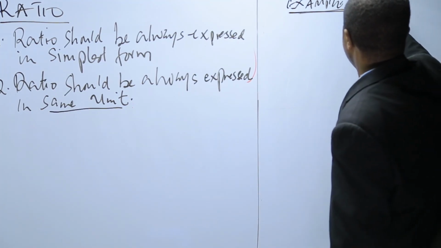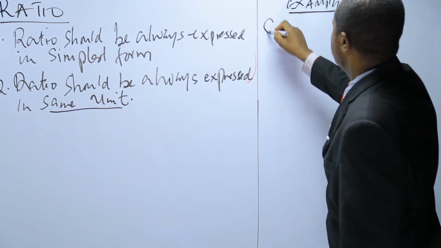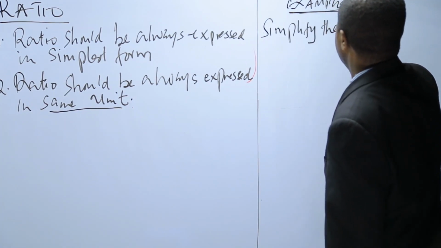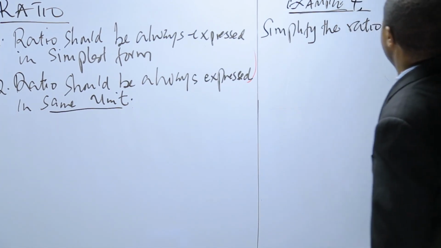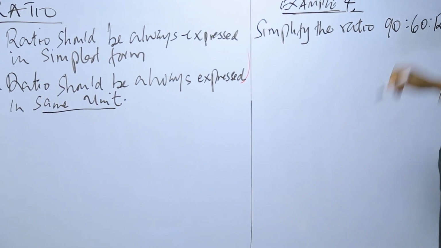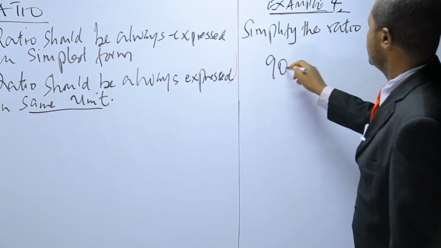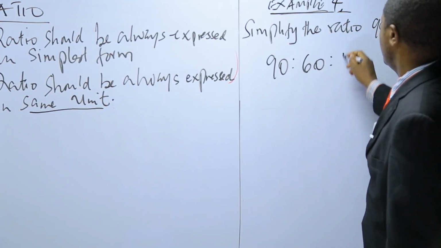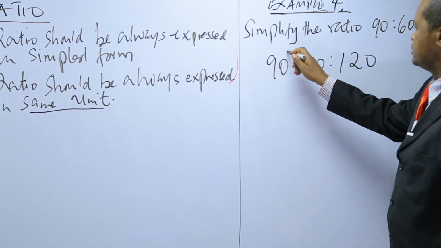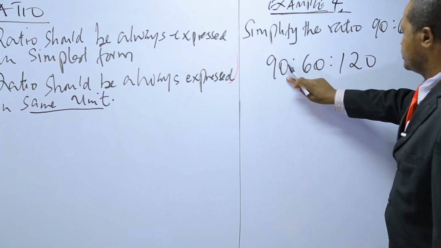Example number 4 reads, simplify the ratio 90 to 60 to 120. Simplifying, we divide by 10, because zeros are common.